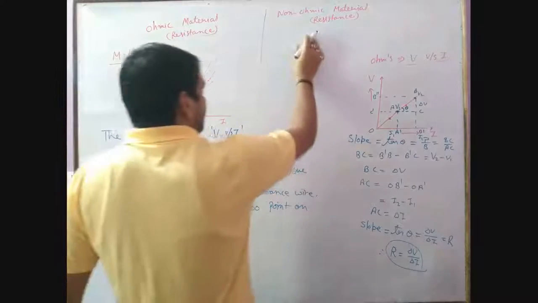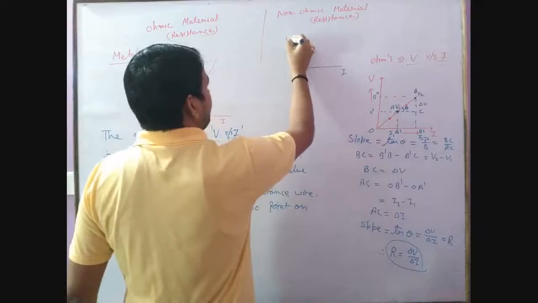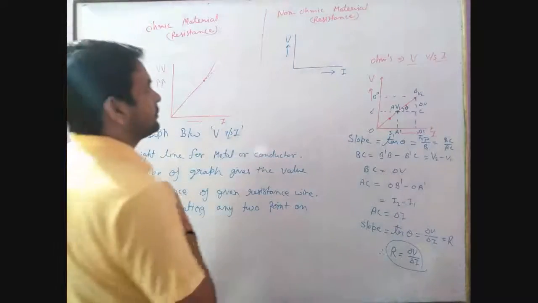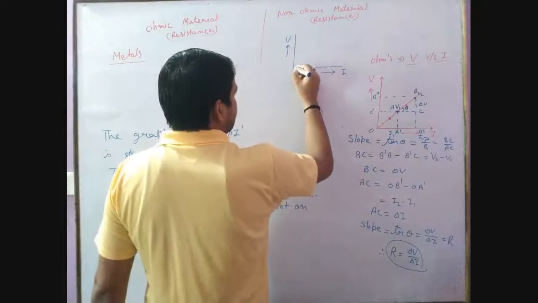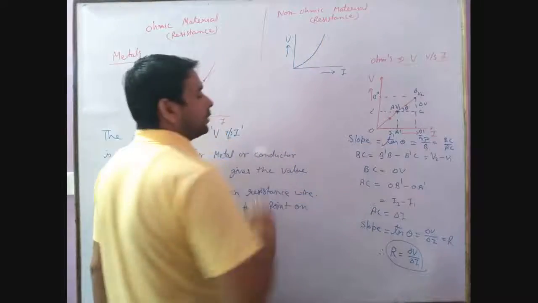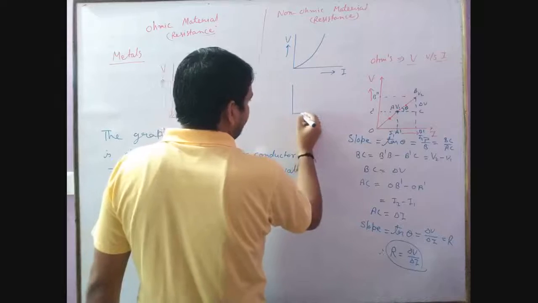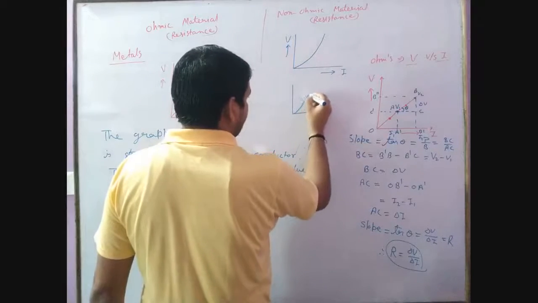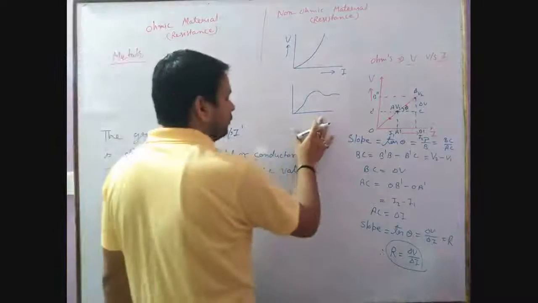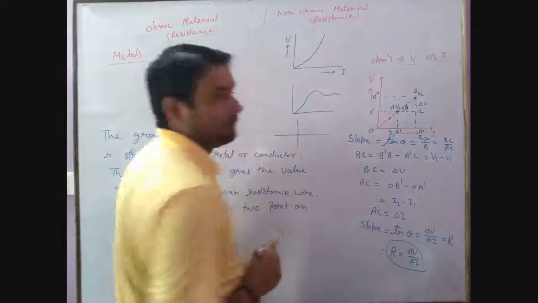When we draw the graph for the non-ohmic resistance, for I versus V or V versus I, it is observed that for some materials it is like that, not a straight line, and for any other material it is like that. So you can easily observe that here we do not get a straight line.